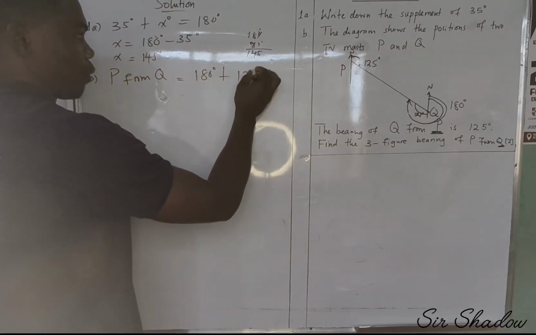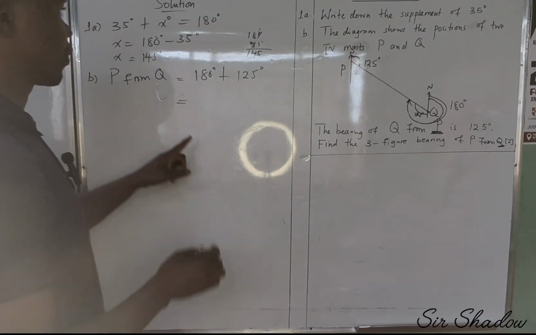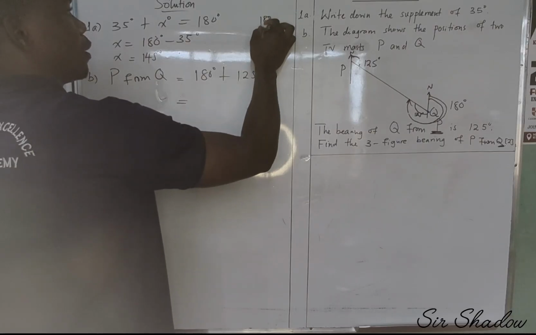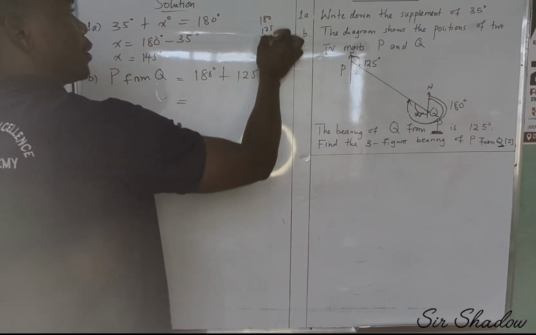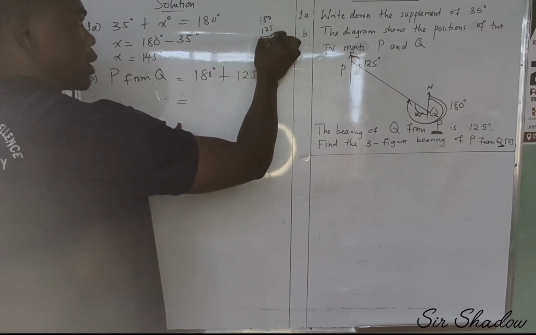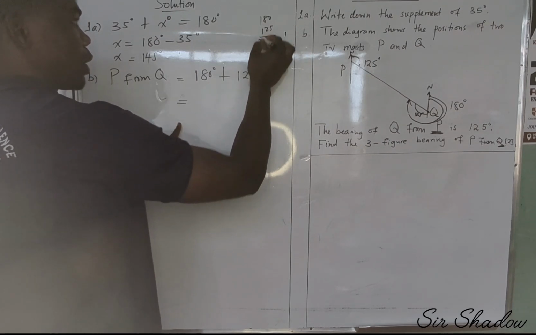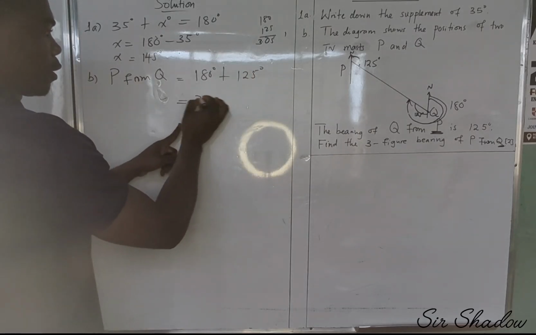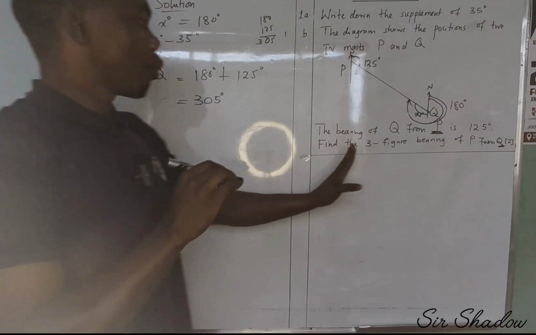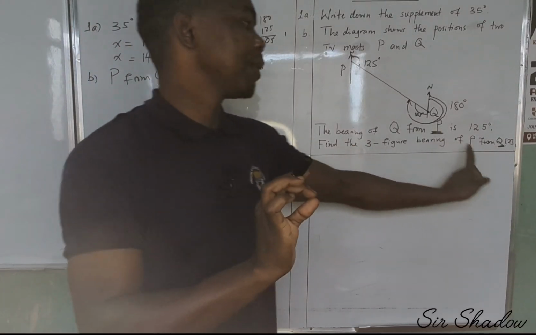So we are now saying 180 plus 125, which gives 305 degrees. But remember, we were asked to find the three-figure bearing of P from Q.